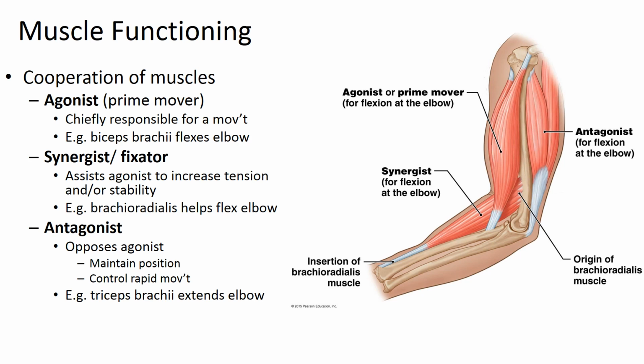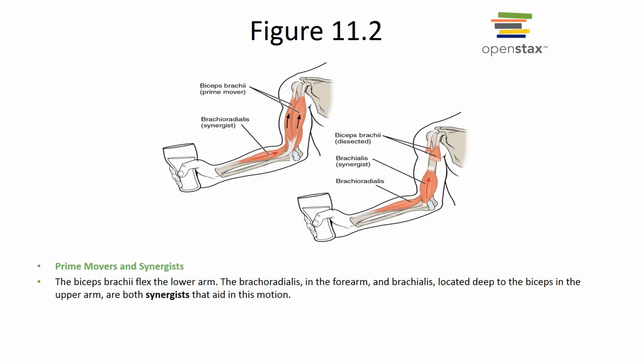And the fixator immobilizes a bone or a muscle's origin. And you can see an example of prime mover and synergist here with the biceps brachii.